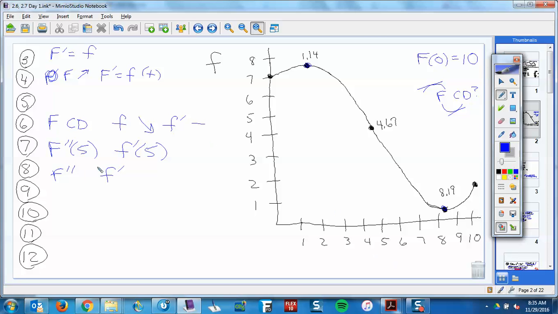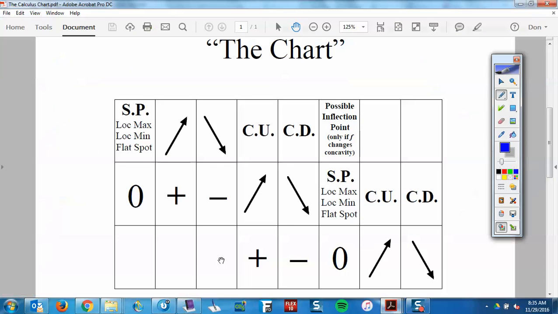That's what they're asking. Well, big F is going to be concave down when little f is decreasing. At 1, is this graph decreasing? No. So again, you've got to go back to the chart. Big F is going to be concave down when little f is decreasing.